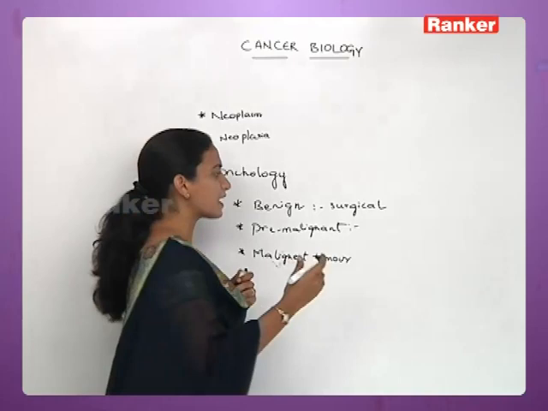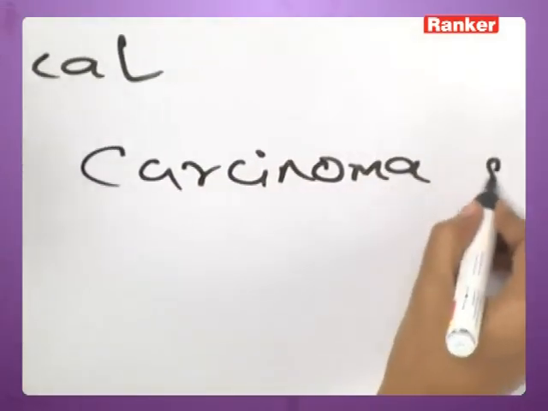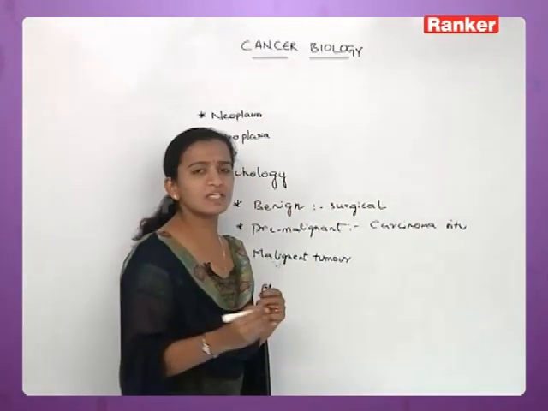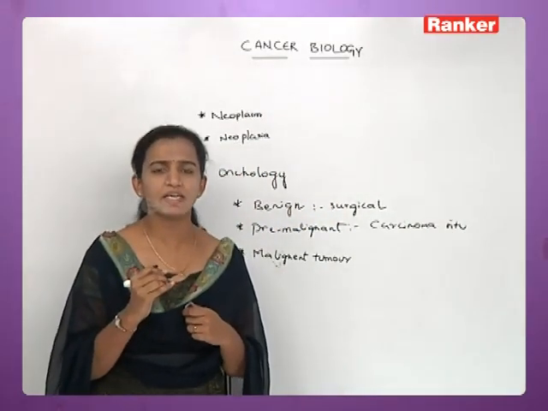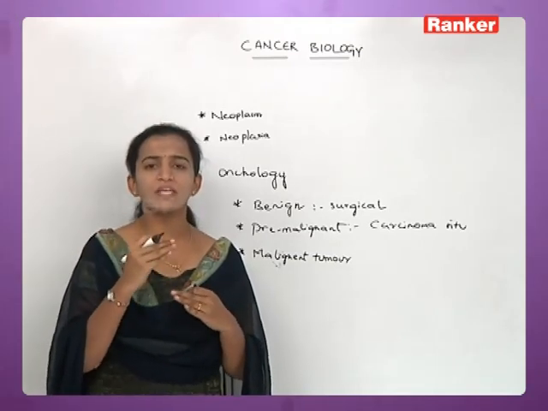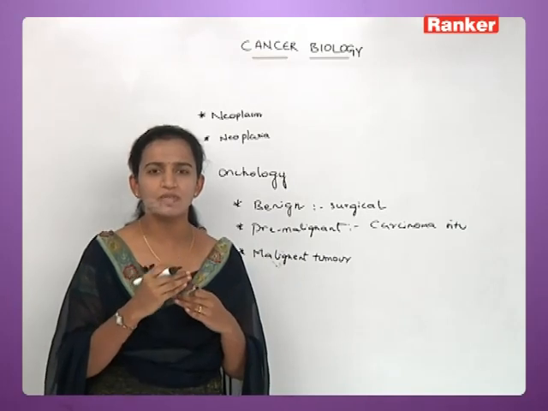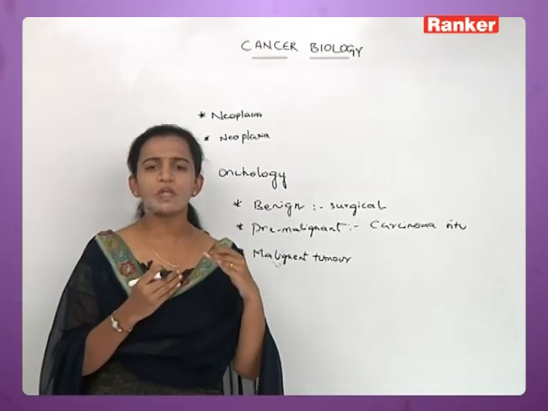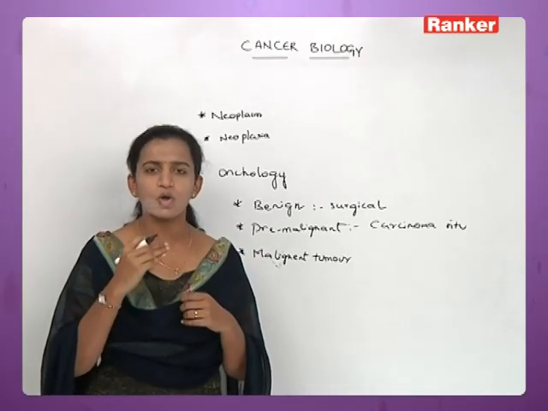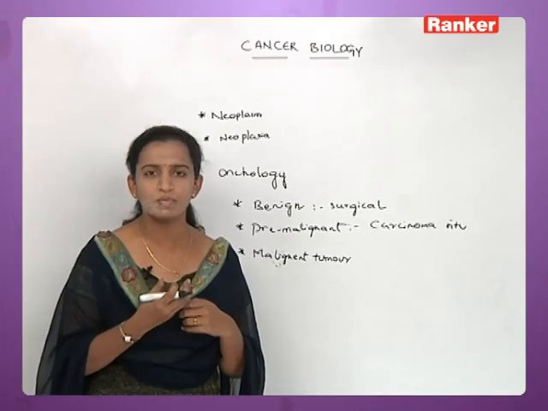So it is also called carcinoma in situ. It is actually a cancer cell, but it shows expression only with time. Even if the cancer is present in your body for 5 or 10 years, it won't express, and as time increases, the cancer characters evolve in your body.